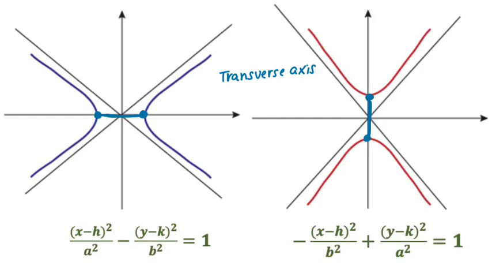Now, one really, really important thing about the transverse axis is the length. The length is 2 times a, where a comes from the denominator of the positive term in the equation for a hyperbola. The length is 2a. So from wherever the center is, we go left and right a to get to the 2 vertices, or up and down a to get to the 2 vertices. So the transverse axis has a length that is 2a.